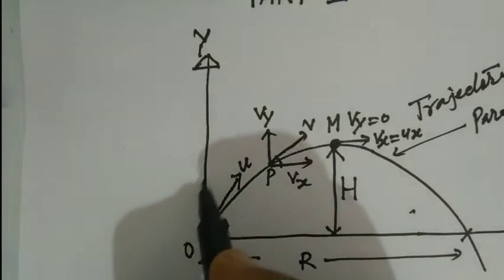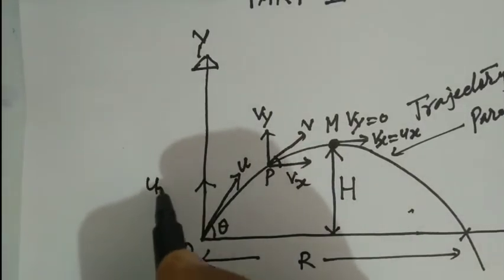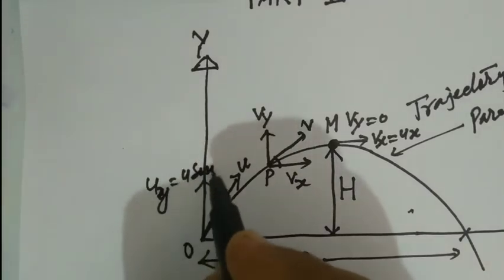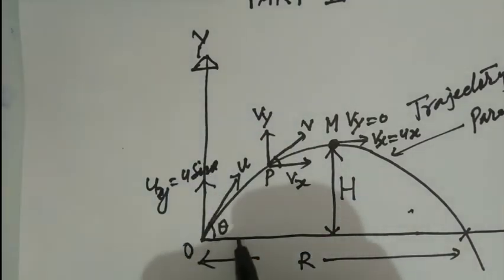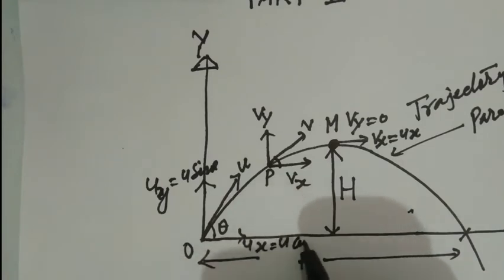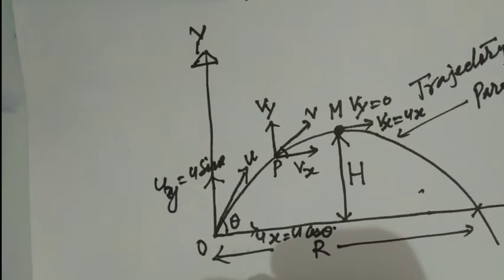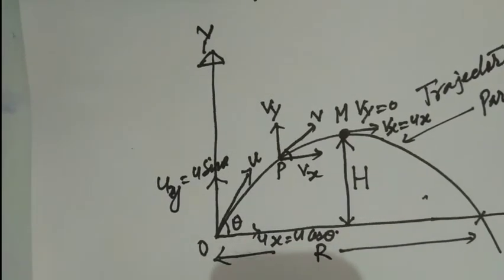So here this component uy is equal to u sine theta, and this component ux is equal to u cos theta, as we have studied in part 1.